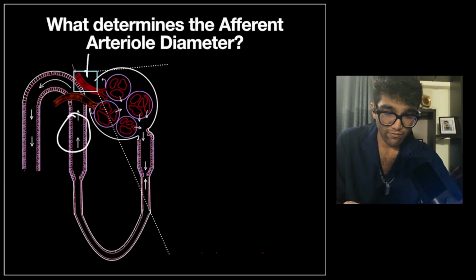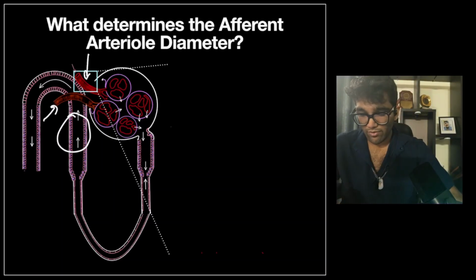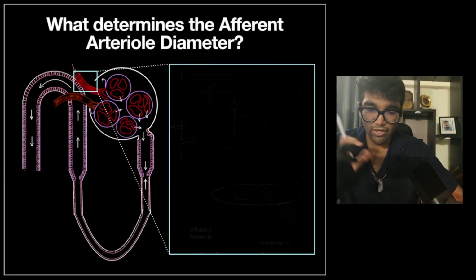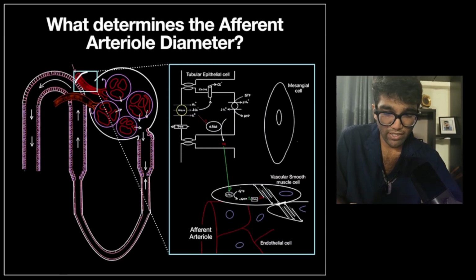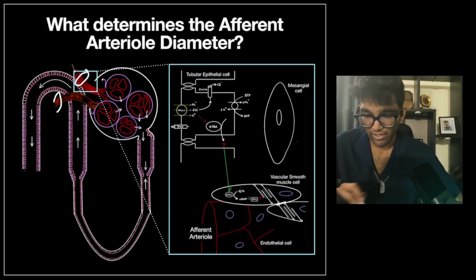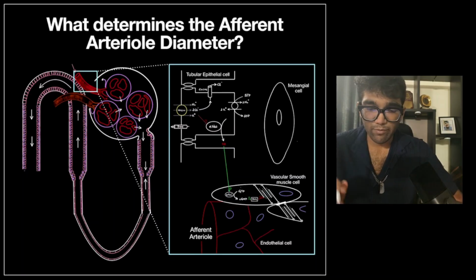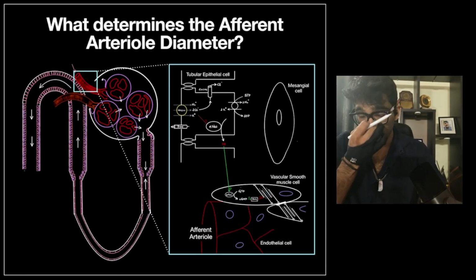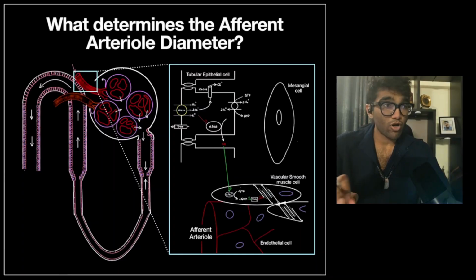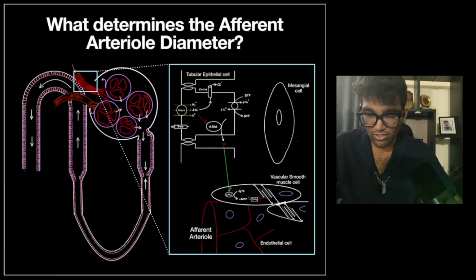So this is the afferent arteriole and this is the efferent arteriole. As it does so, it is able to control the diameter of the afferent arteriole, and the efferent arteriole as well. What we're interested in is the diameter of the afferent arteriole, so what I'm going to discuss right now are the mechanisms that control that. I'm not going to go into how the mesangial cell controls the rest for now.